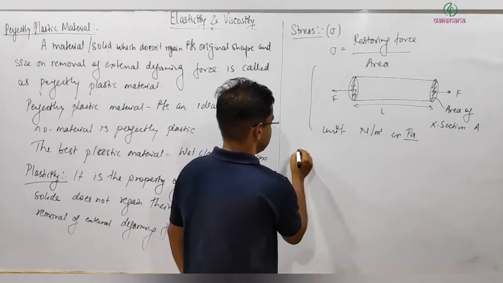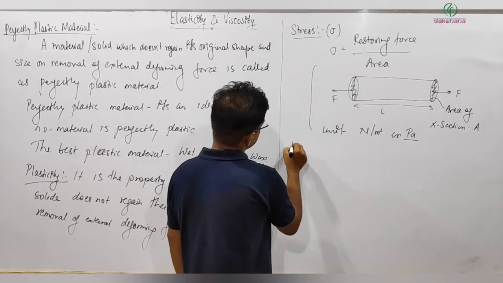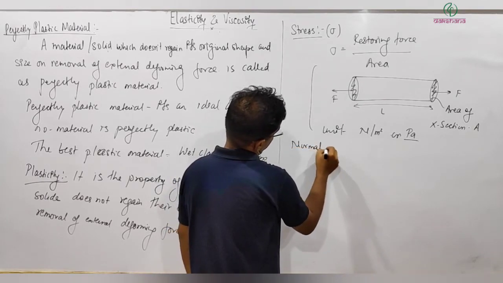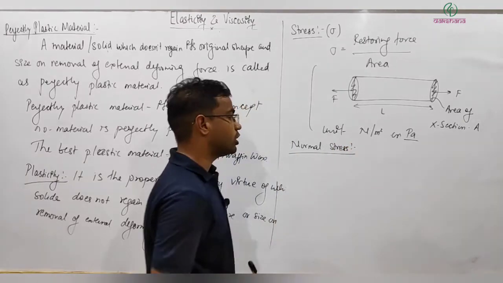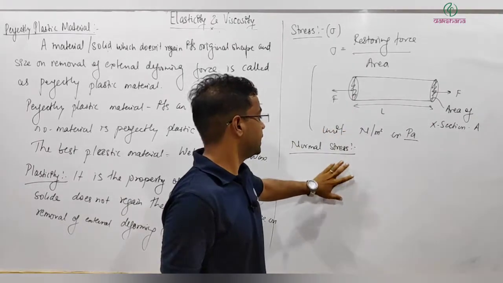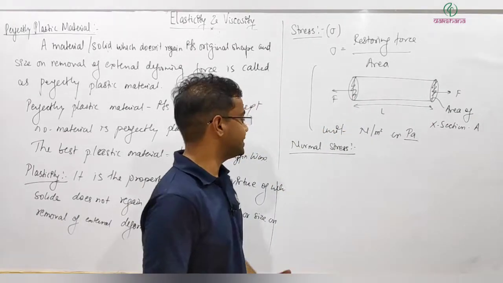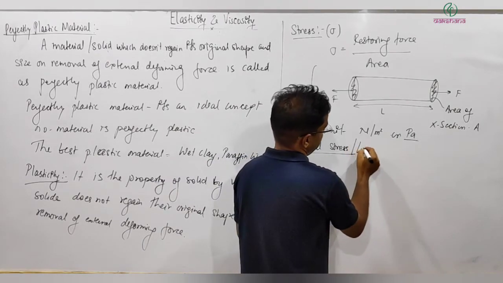One is normal stress. The above example is one example of normal stress. Normal stress can be of two types basically. This is also called longitudinal stress.